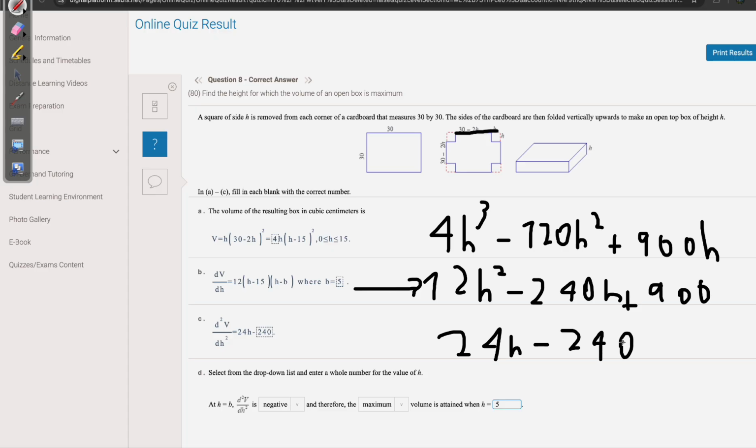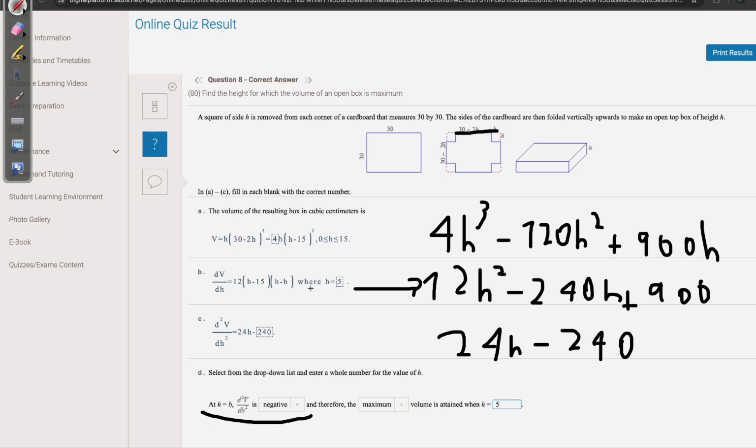Now at h equal to b, they want to figure out what it will be. Okay, so at h equal to b, just substitute h by 5 because we said b is 5.